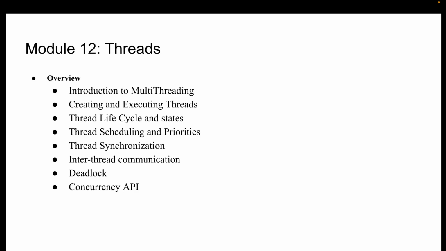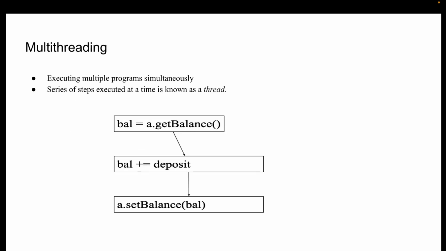Each one by one. So what is basically multi-threading? Multi-threading is executing multiple programs simultaneously, and a series of steps executed at a time is known as a thread. Let's say we have some methods created.